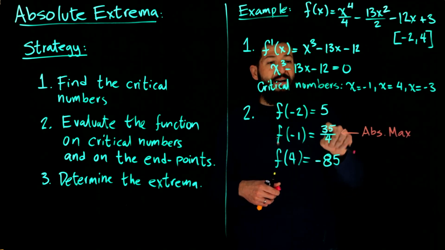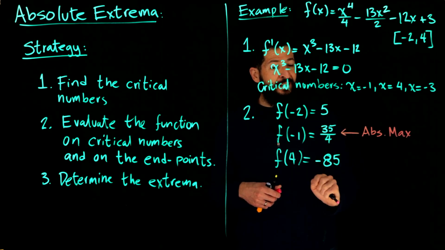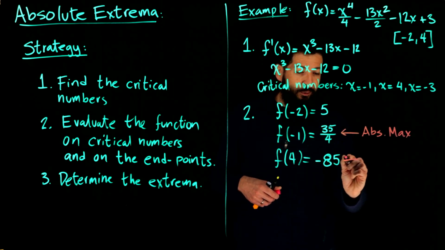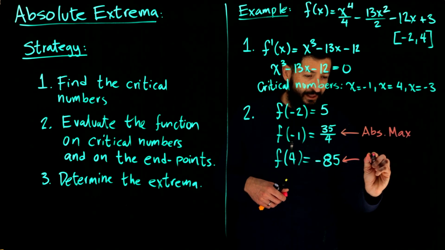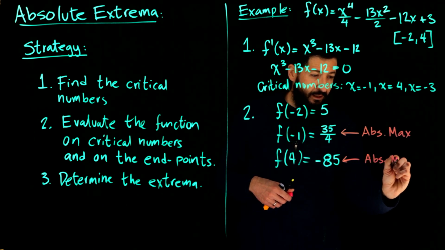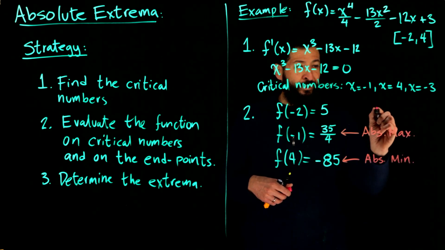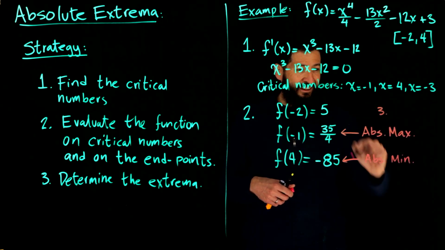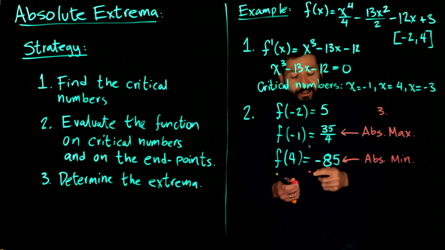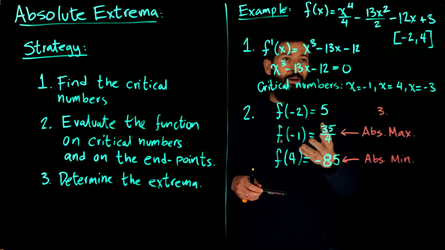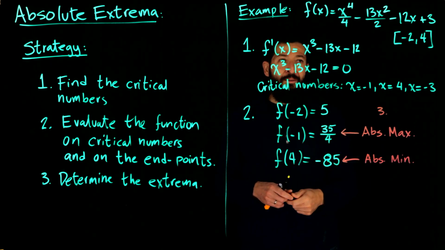Now, negative 85, which is smaller than 5 and 35/4, is going to be my absolute minimum. And so this right here was going to be my step 3, basically, is determining which one is the largest. That's going to be your absolute maximum, and the smallest is your absolute minimum.